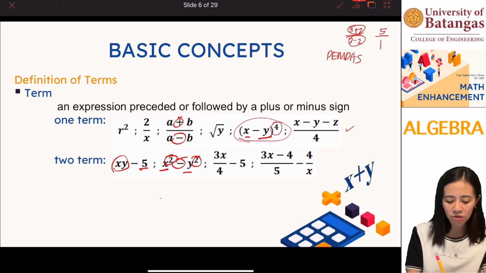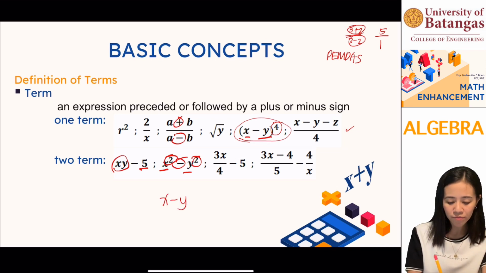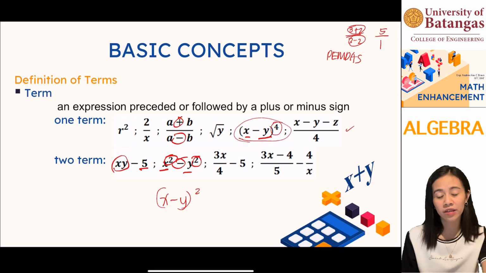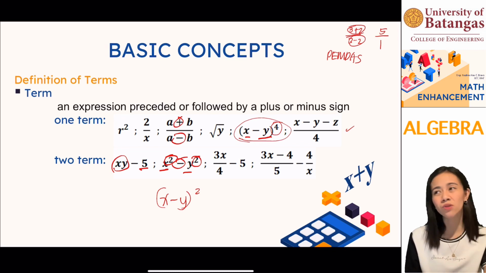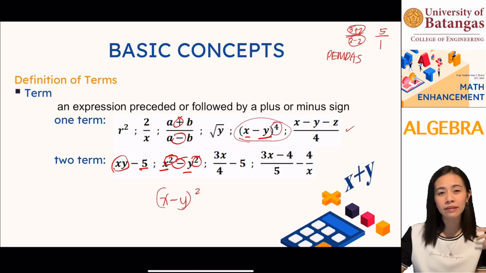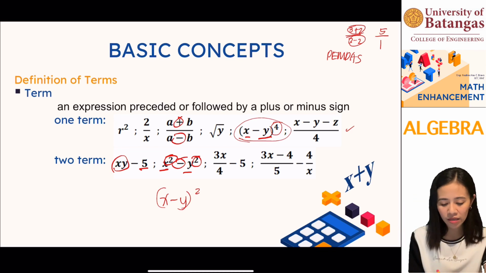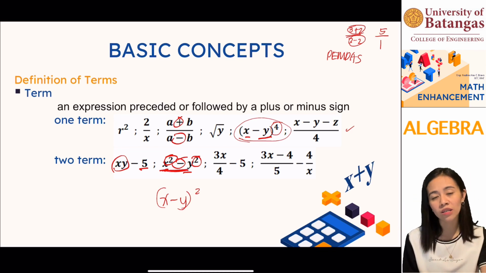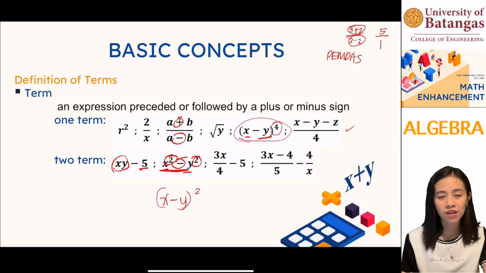Pero kung ang nangyari dito is x minus y, quantity squared, okay, single term lang ito, because yung outer operation mo is an exponent. Unlike dito, ang outer operation natin kay x squared minus y squared is subtraction. Okay? And then you have 3x over 4 minus 5. So you have a fraction here. Ang outer operation niyan is division. And then you have a constant here which is 5.